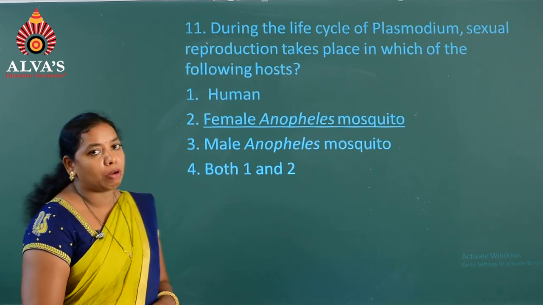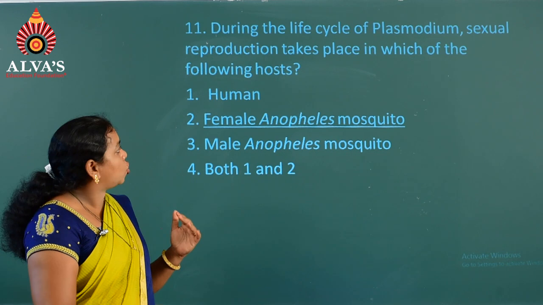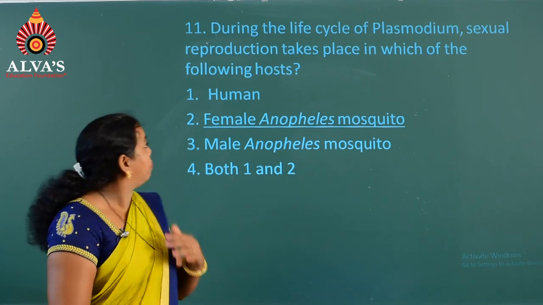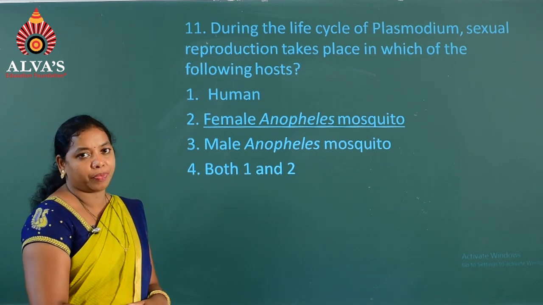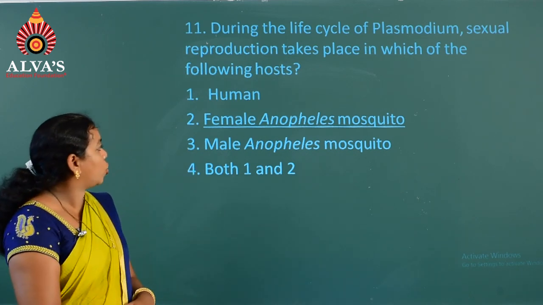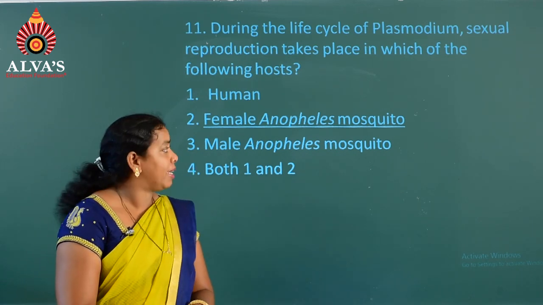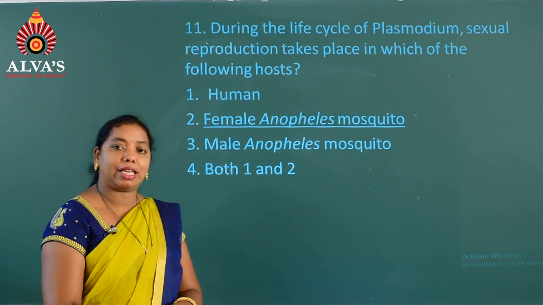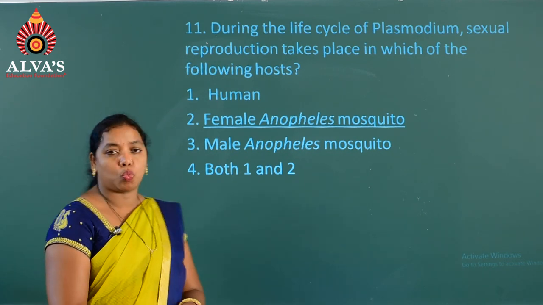During the life cycle of Plasmodium, sexual reproduction takes place in which of the following hosts? The first option is human, second is female Anopheles mosquito, third is male Anopheles mosquito, fourth is both 1 and 2.